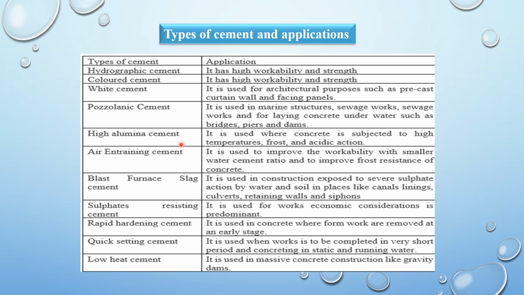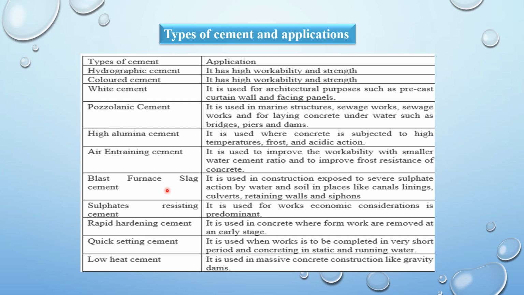Next one is air entraining cement. It is used to improve the workability, to get a smaller water cement ratio and to improve the frost resistance of concrete. Next one is blast furnace slag cement.